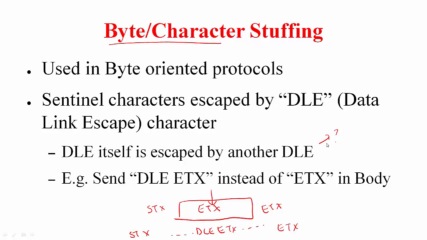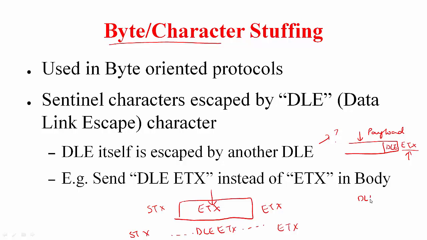Why do you think this is done? If this DLE character appears at the end of the payload, there will be a problem. As you can see, you would think that this DLE is escaping the ETX, which indeed is the end of the frame, which is not the case. So you need to escape this DLE with another DLE. So here is what happens.